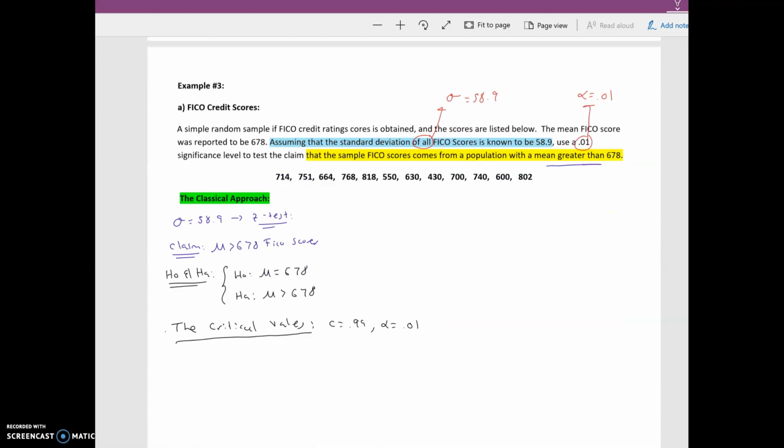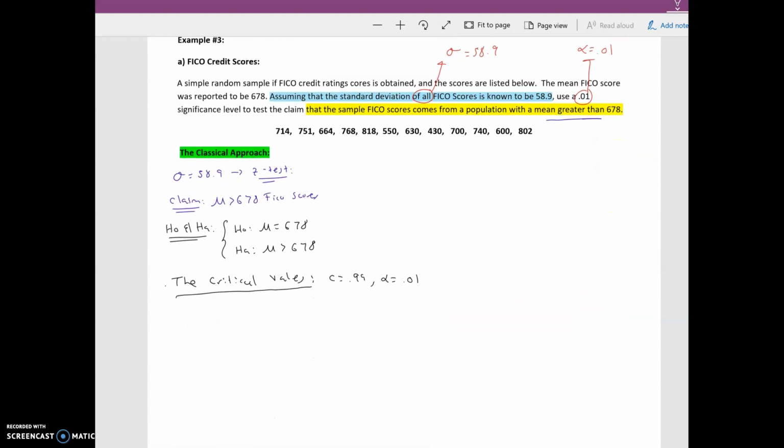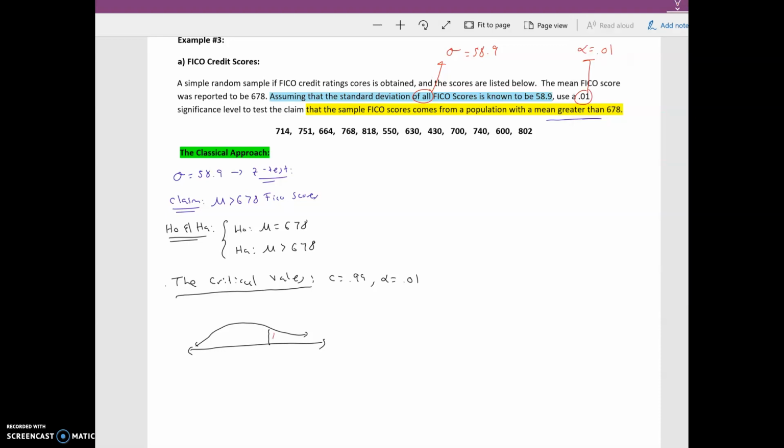When we mention critical values, we're looking at the population, a bell-shaped curve. We need to find this value, and because it's a right tail test, this portion is alpha of 0.01.